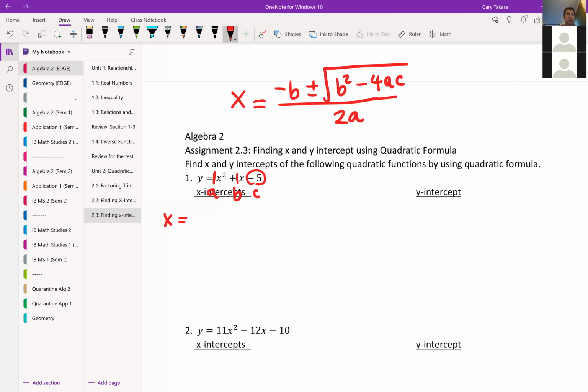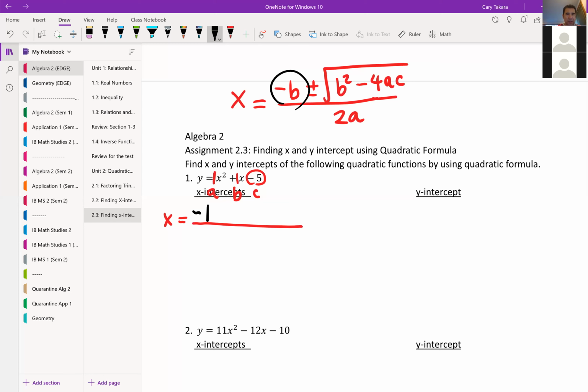You don't have to memorize it, but you probably will by the end of this unit. So let's apply it. First, it's -b, or think of it as the opposite sign of b. So b is +1, so it's going to be -1.